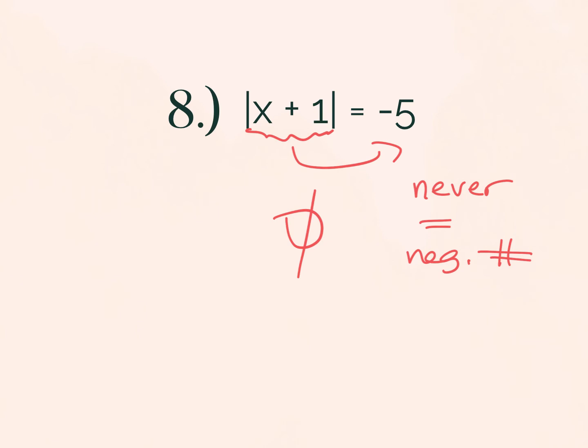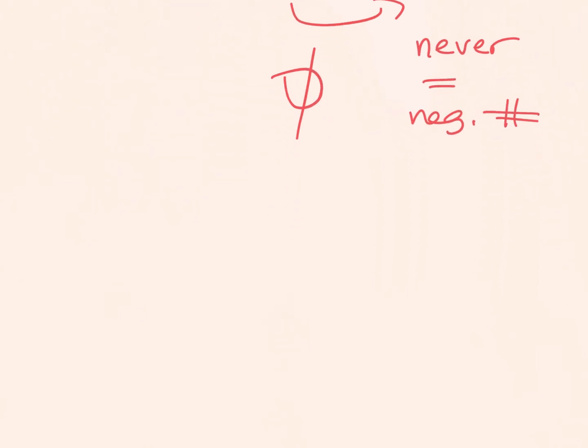Now, just a little side note before I do the last two examples. Let's say it's something like this. Let's say it's absolute value of x plus 1, minus 5 equals negative 1. Remember, step number 1 is to isolate this thing.